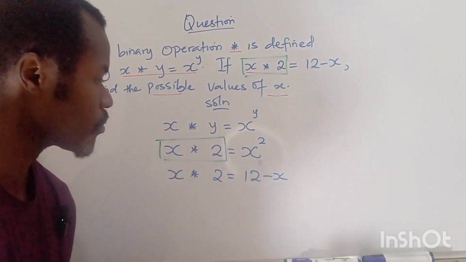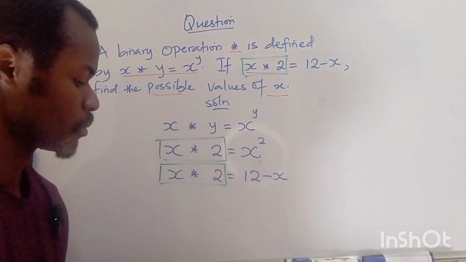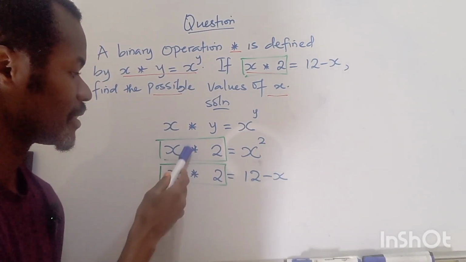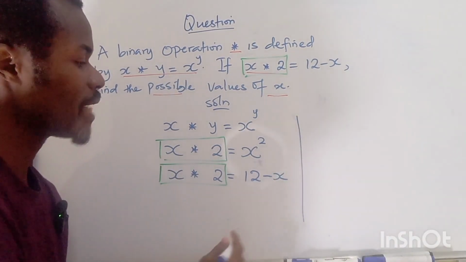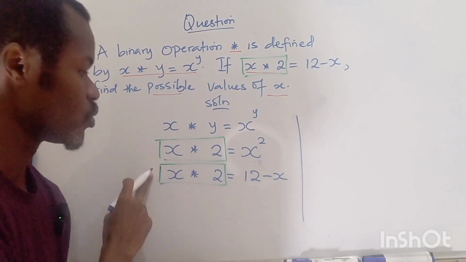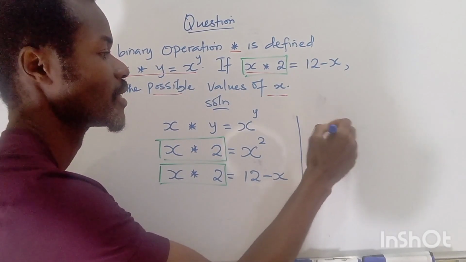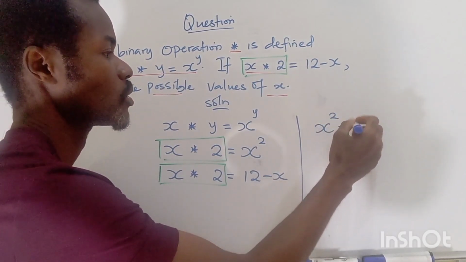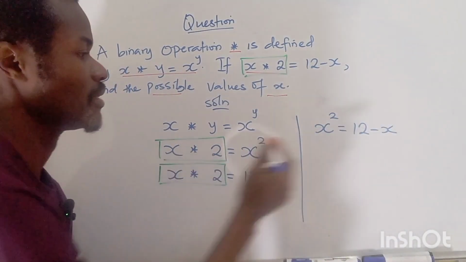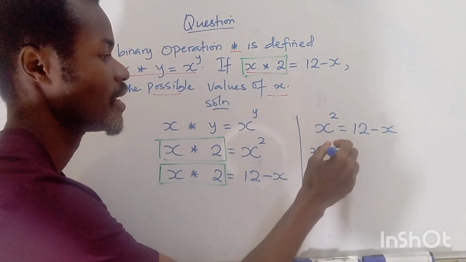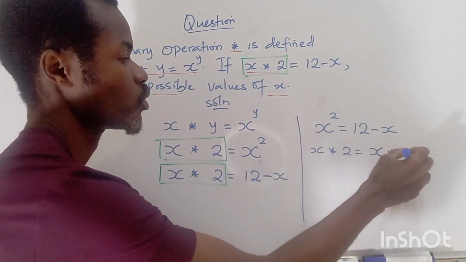So we can say this is equal to this. It means x squared is equal to 12 minus x, because this x asterisk 2 is equal to x asterisk 2.